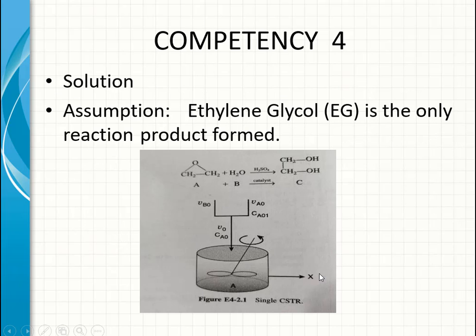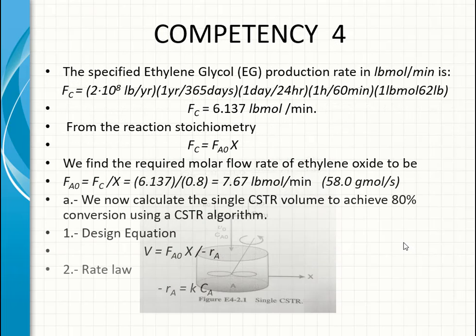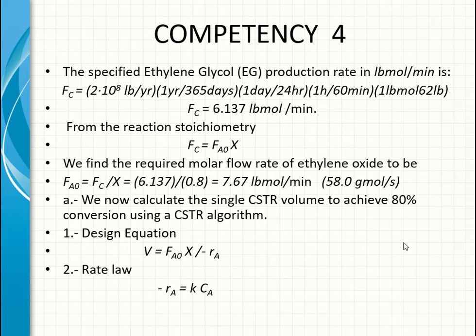So here we have the two reactants, ethylene oxide and water, going into the reactor, and we are getting ethylene glycol as a product. The specified ethylene glycol production rate in mole pounds per minute: they want us to produce 200 million pounds per year.